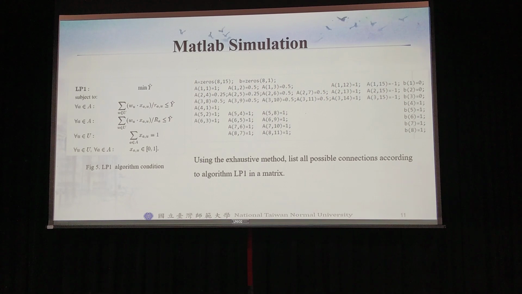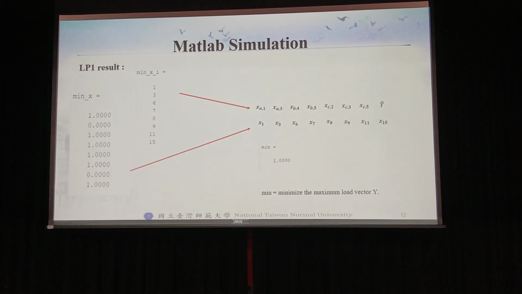And I will talk about the MATLAB simulation. First, I use the sensitive mode. That's all possible connections according to algorithm LP1 in a matrix. A11 is the first user connected to the AP A, and A24 is the second user connected to the AP B, and equals 0.5 means the inverse of rate.